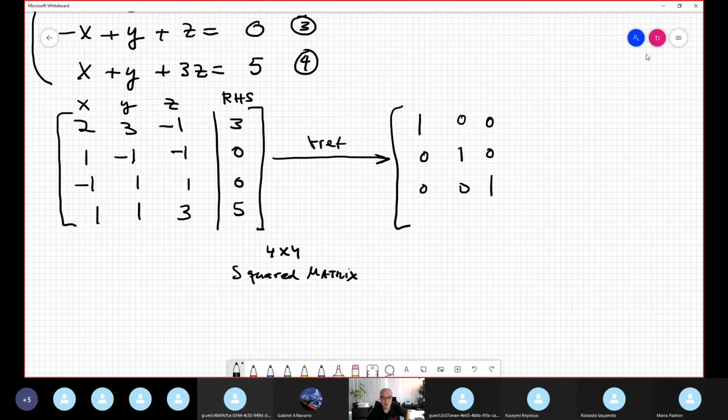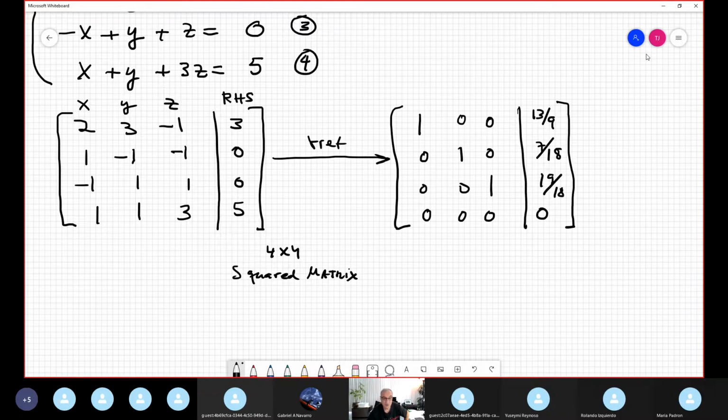This is the famous identity matrix. However, remember we have 4 equations. So the 0, 0, 0, and 0. And the numbers are 13 over 9, 7 over 18, and 19 over 18.